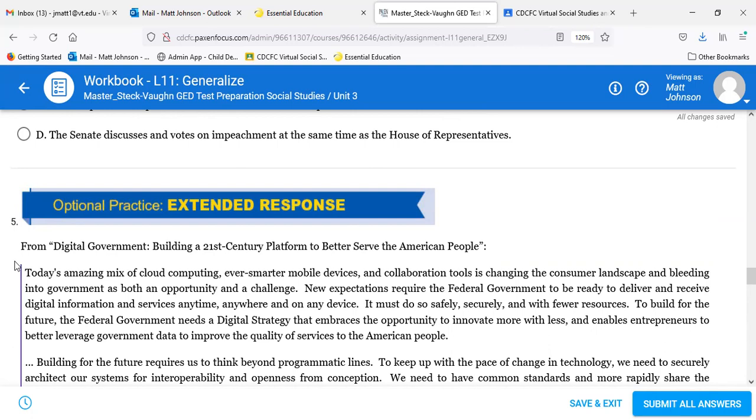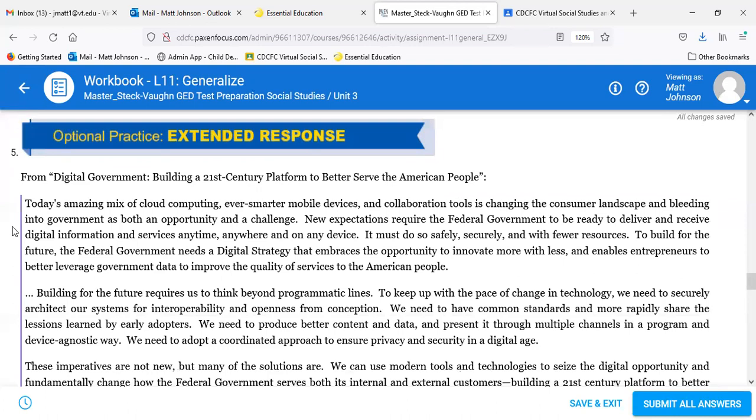To build for the future, the federal government needs a digital strategy that embraces the opportunity to innovate more with less and enables entrepreneurs to better leverage government data to improve the quality of services to the American people. Building for the future requires us to think beyond programmatic lines. To keep up with the pace of change in technology, we need to securely architect our systems for interoperability and openness from conception.